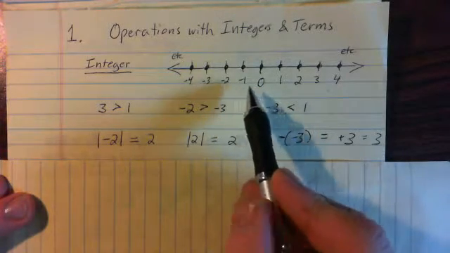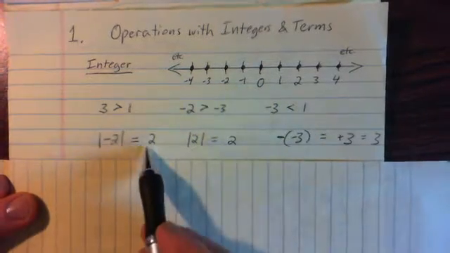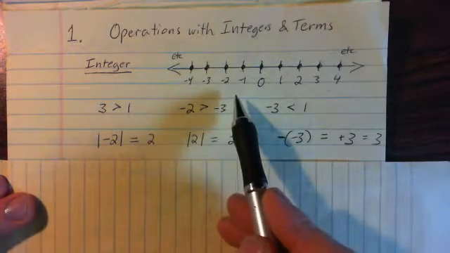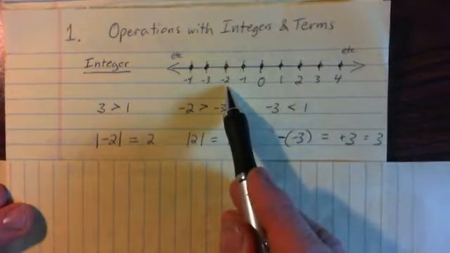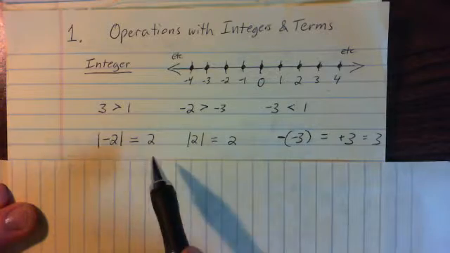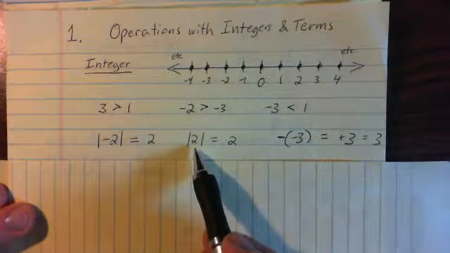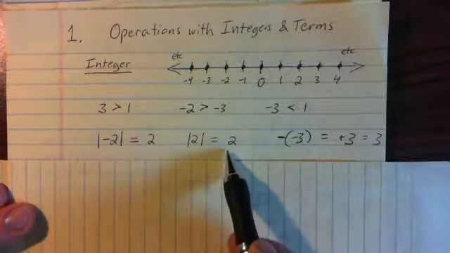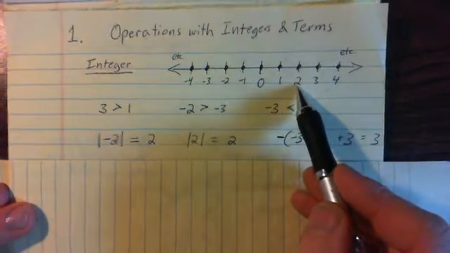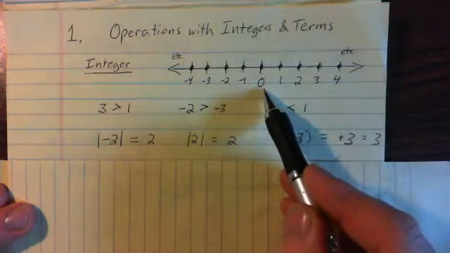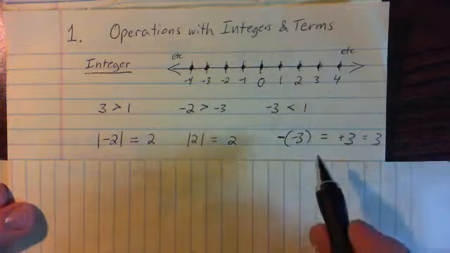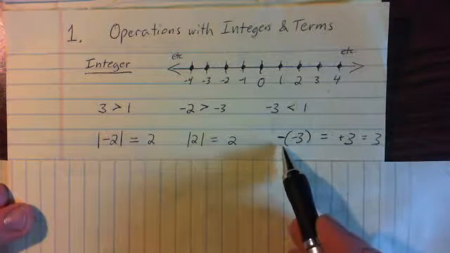So the absolute value of negative 2 is positive 2 because the distance always is positive, and the distance from 0 is positive 2. In the same way, the absolute value of positive 2 is also 2 because the distance that 2 is from 0 is 2 units.